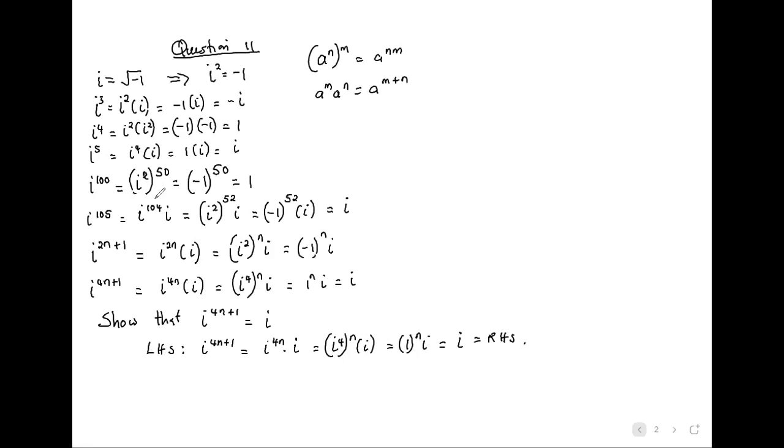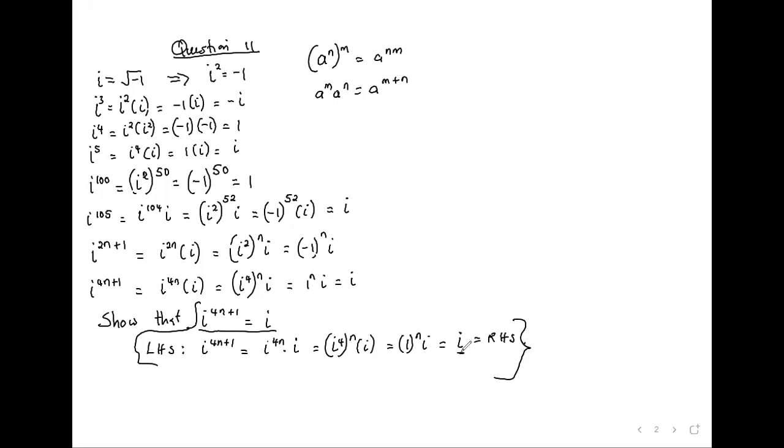Someone is saying, I'll explain this. So we're saying if they ask you to prove this, you pick a side. Pick the left-hand side and get to the right-hand side by solving.